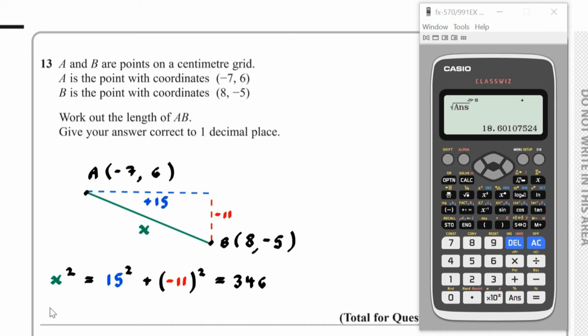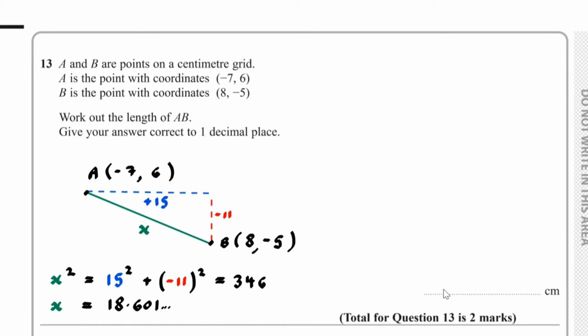So that means the value of x is equal to 18.601, etc. So we have to one decimal place 18.6 centimeters.